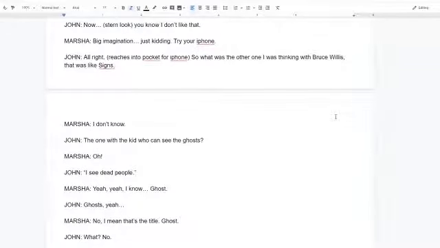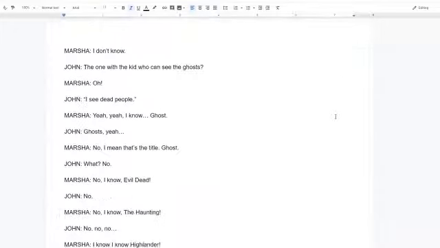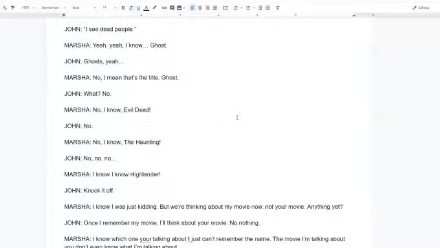All right. So what was the other one I was thinking with Bruce Willis that was like Signs? I don't know. The one with the kid who can see ghosts. Oh. I see dead people. Yeah, Ghost. Ghosts, yeah. No, I mean that's the title. Ghost. What? No. No, I know. Evil Dead.